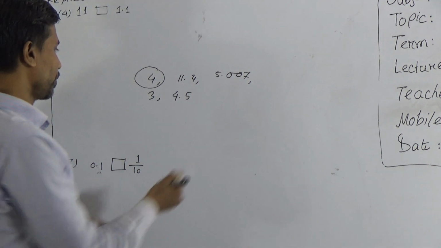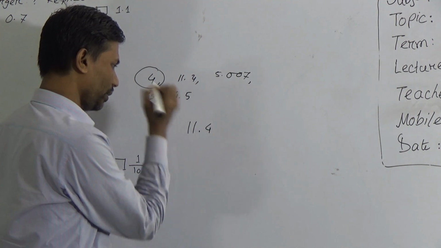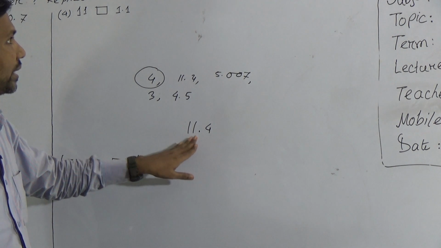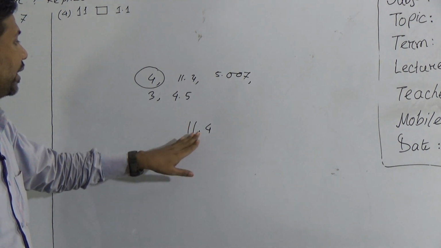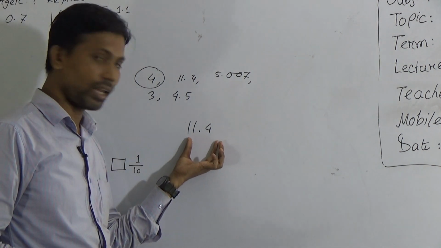11.4. Look student, 11, you see the point, this is the point, I call that decimals. 11.4, so this is a decimal number.